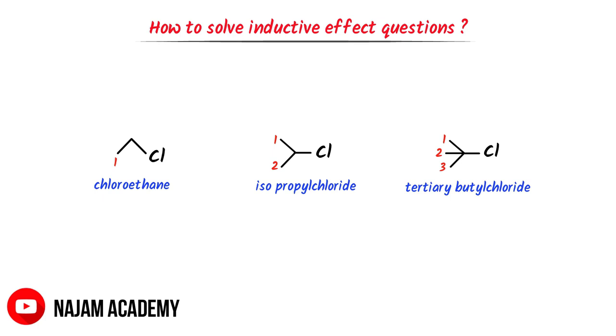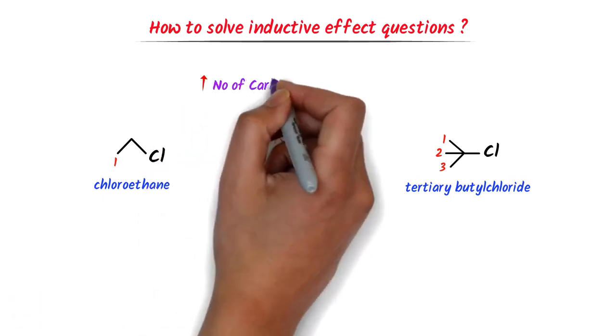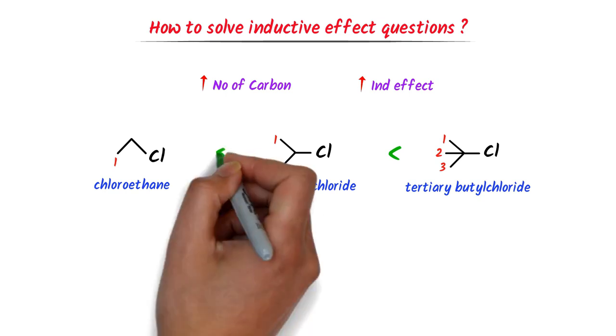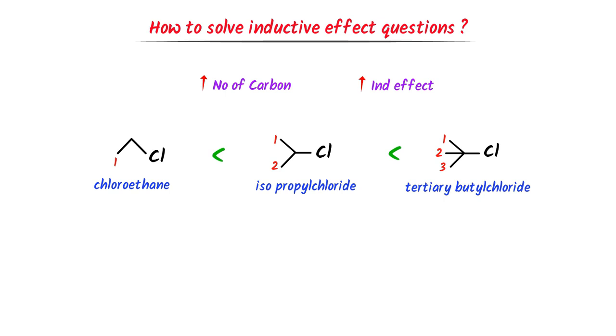We have already learned that the more the number of carbons, the more is the inductive effect. We can see that there are more carbons in tertiary butyl chloride, so it has more inductive effect than the chlorine of isopropyl chloride. While the chlorine of isopropyl chloride has more inductive effect than the chlorine of chloroethane. Hence note down this important question.